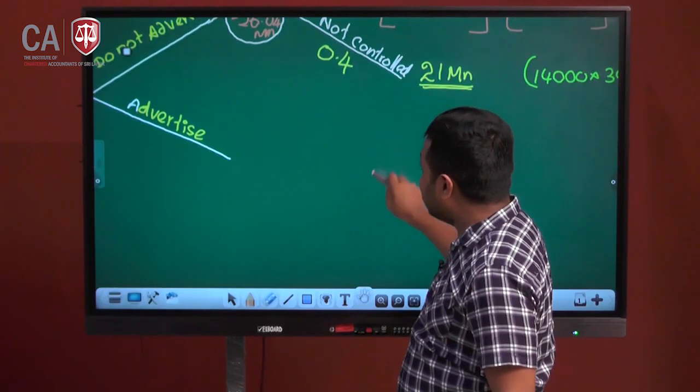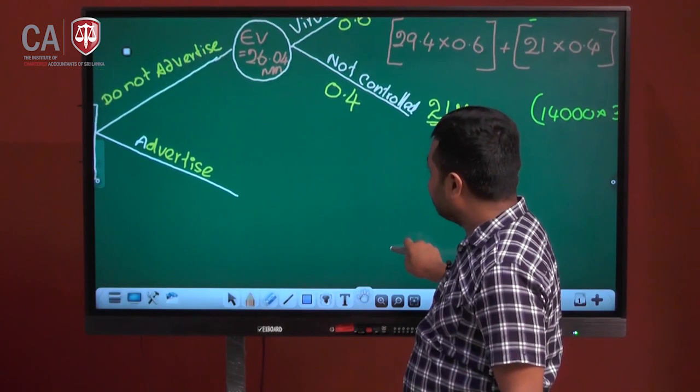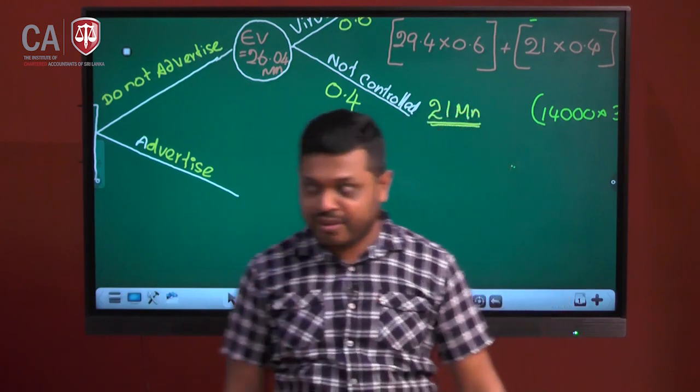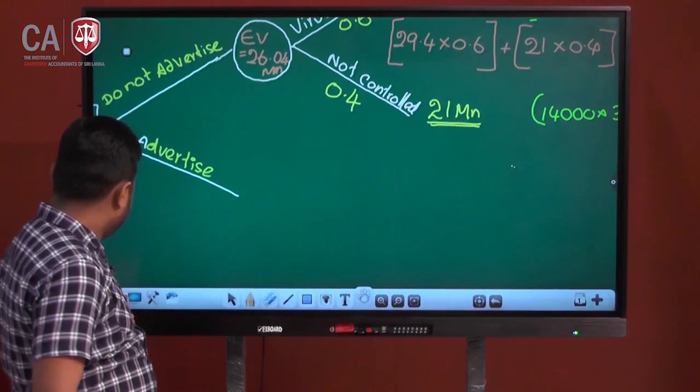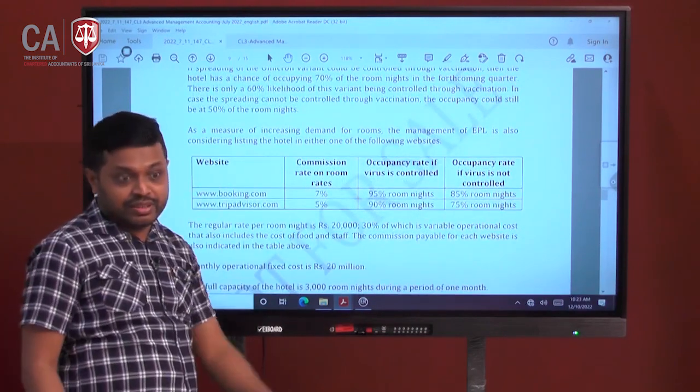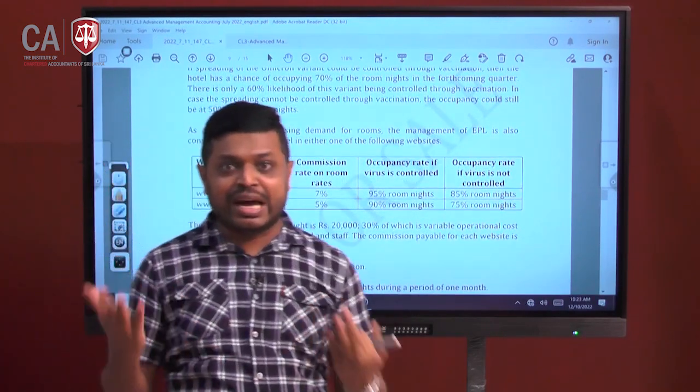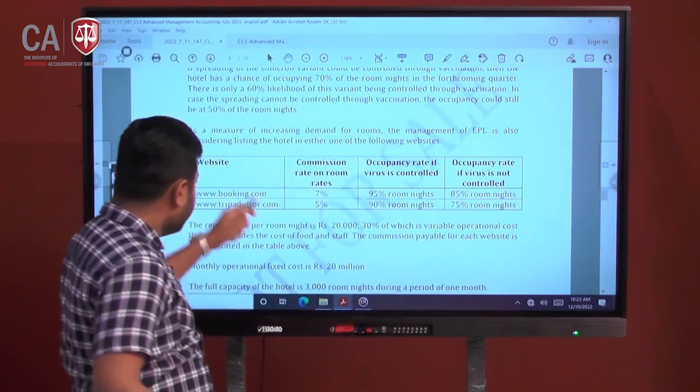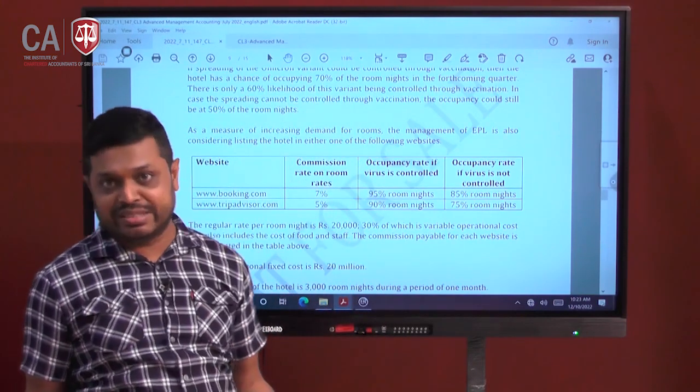Okay, if you decide to advertise, we will go back. There are two websites. You have to decide whether it is booking.com or TripAdvisor, right?